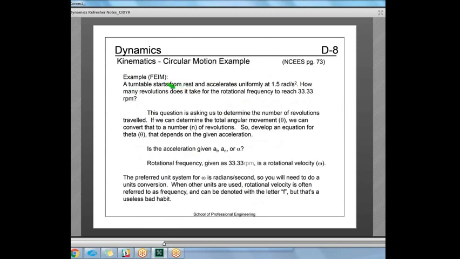Let's see if all of this information I've been throwing at you at lightning speed is useful at all by working a problem. The turntable starts from rest and accelerates. All right, let's just stop right there and ask what this means. What kind of variables and quantities does that give us?